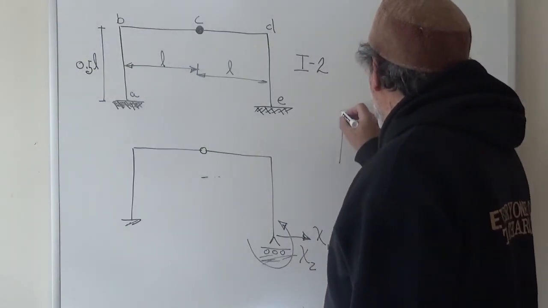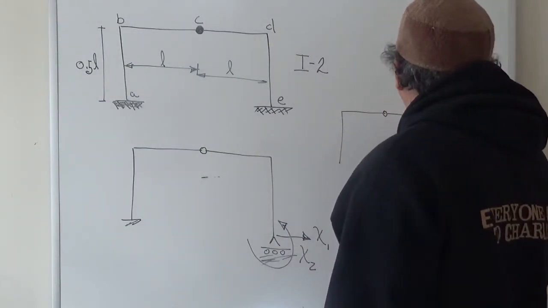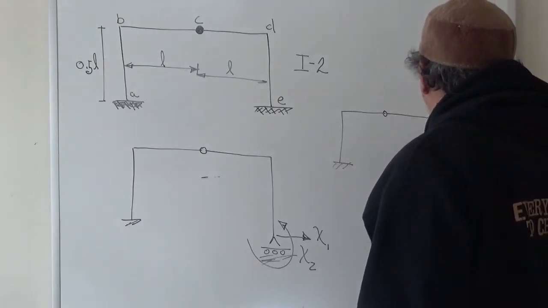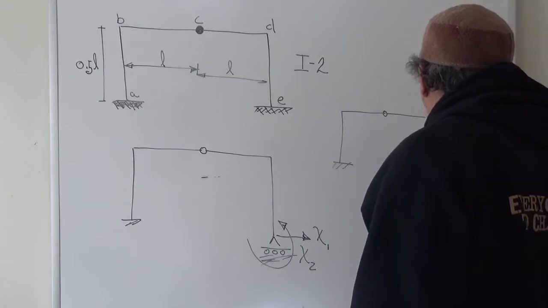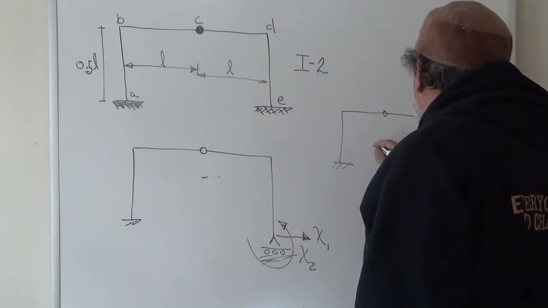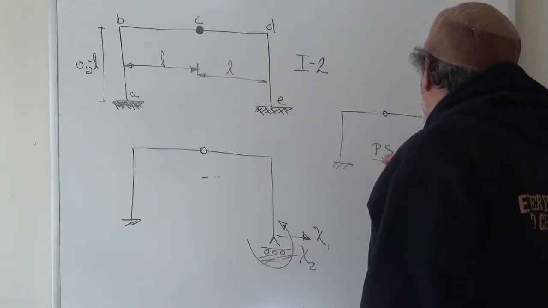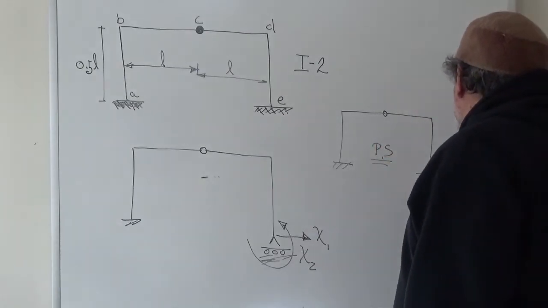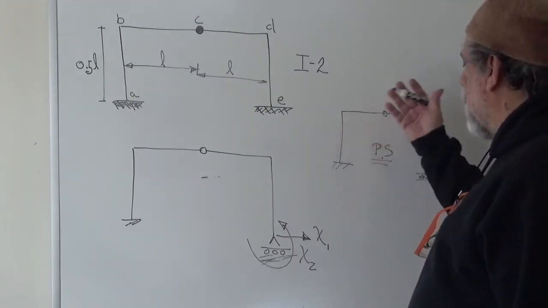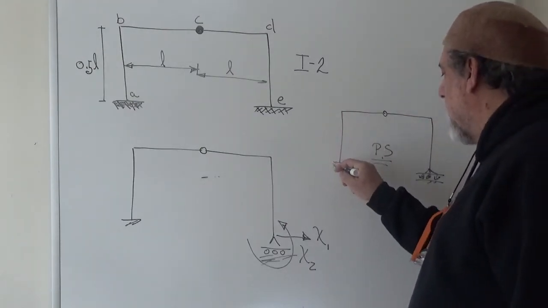Therefore, these are the redundants and those are the positive directions. The primary structure, which is the structure without the loads and without the redundants, just to see it cleanly, is this. The criteria for the primary structure is that it must be statically determinate. No matter what the loading is, you could solve just using statics.